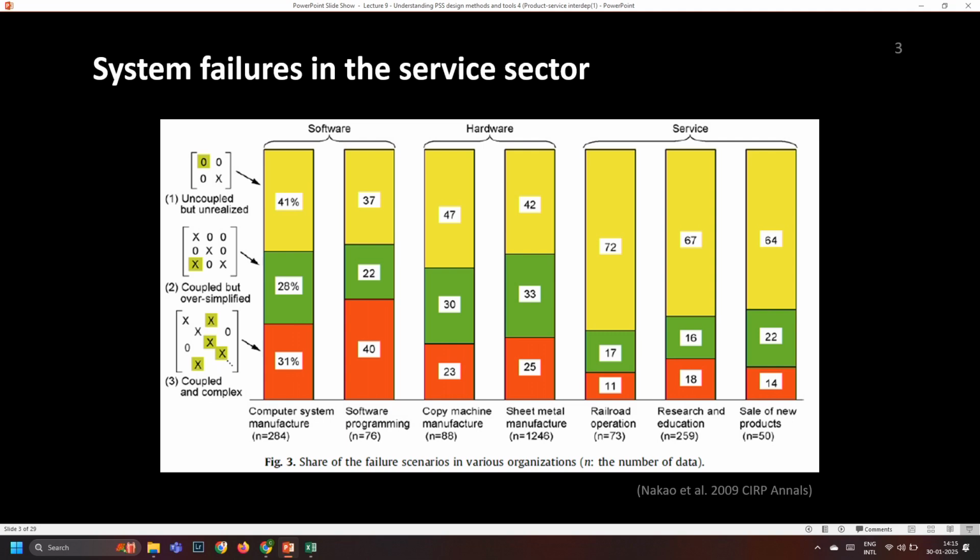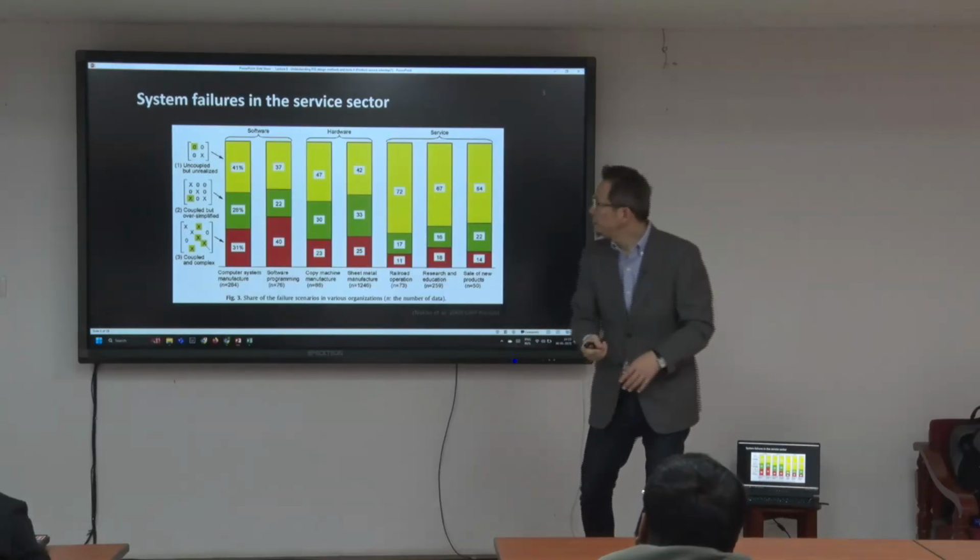Software on the left-hand side, hardware, and service. Those three refer to the industrial sectors: the software sector, the hardware sector, and the service sector. And each bar is divided into the conditions where the failure occurred. Now I'm focusing on the yellow portion.